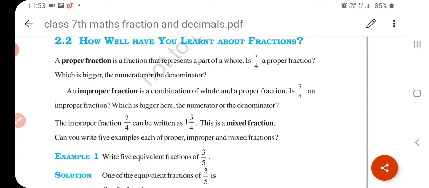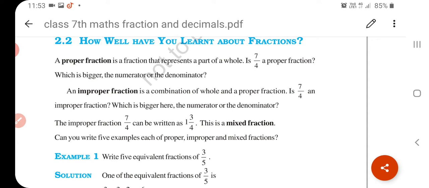And when the numerator is greater than the denominator, then we say that it's an improper fraction.